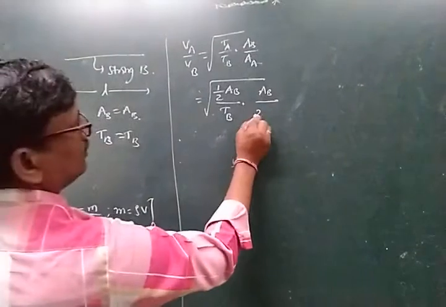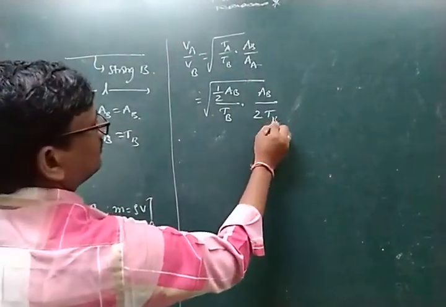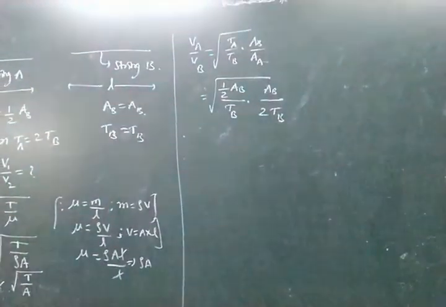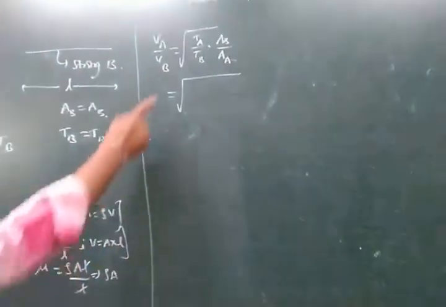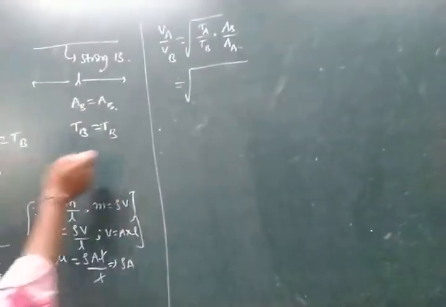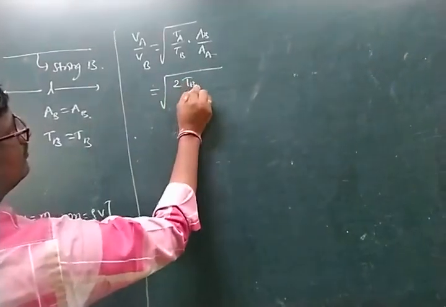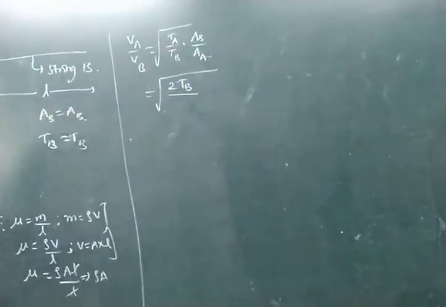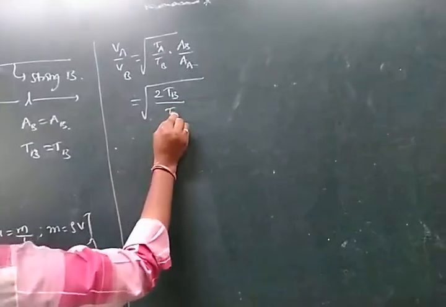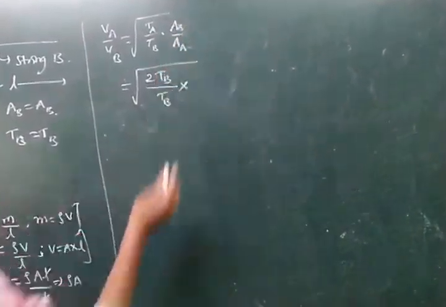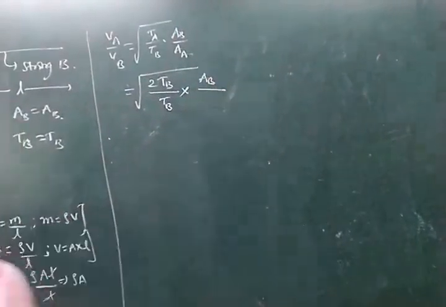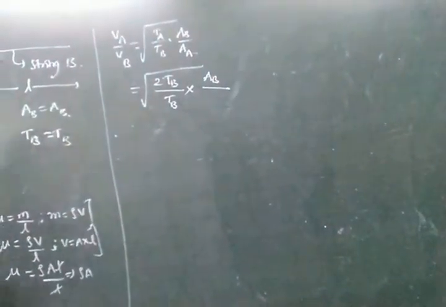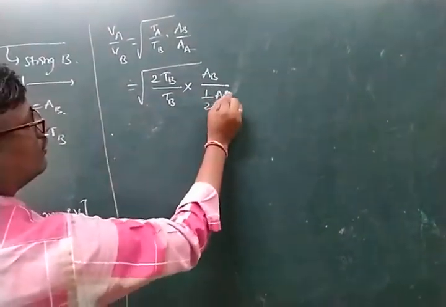Observe that TA is equal to 2 TB, divided by TB, and AB is the area of B, and the area of A is 1 by 2 into AB.